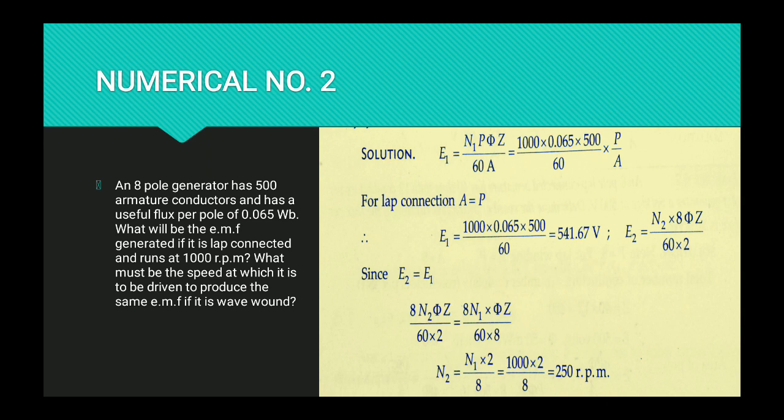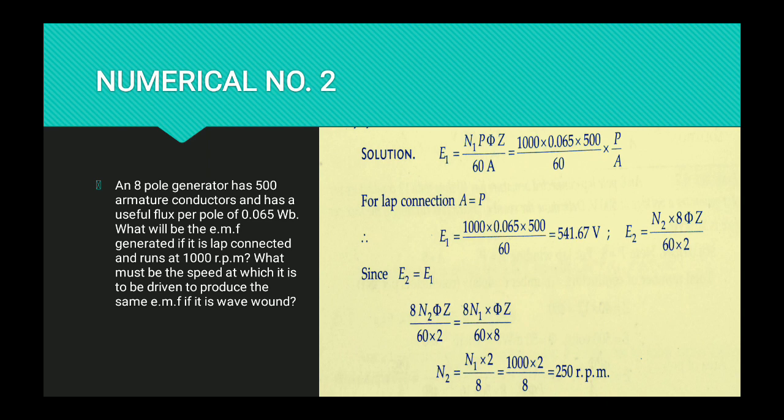same. So E2 equals E1, and E2 equals N2 into 8, that is the number of poles, into phi into Z by 60 into 2, because this is the wave connection or wave wound.